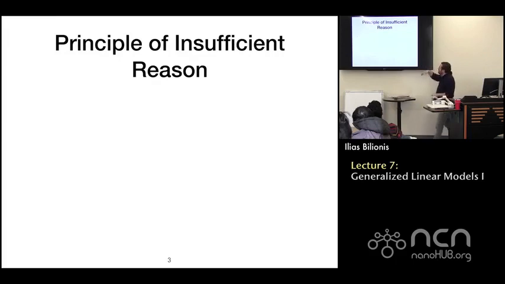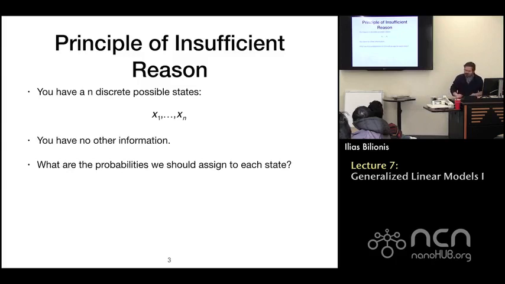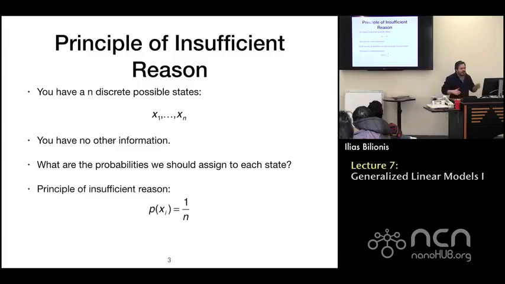Anyway, so in the previous lecture, we talked about the principle of insufficient reason. I remind you that you had a set of discrete states that a random variable could take, and if that's all the information you have, then the principle of insufficient reason tells you that you should consider them as equiprobable. Okay, and that was one of the ways we used to pick distributions for random variables.